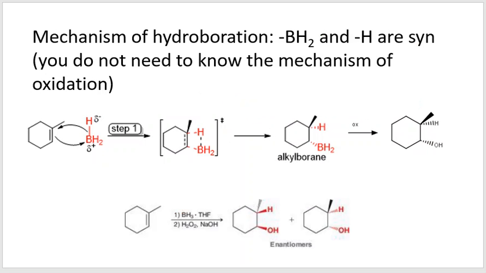So the mechanism explains both the syn stereochemistry and also the anti-Markovnikov regiochemistry. The thing to remember about the B-H bond is that the boron is actually less electronegative than hydrogen is. Hydrogen is more electronegative, so it has a partial negative charge. It forms a bond to the more substituted carbon.